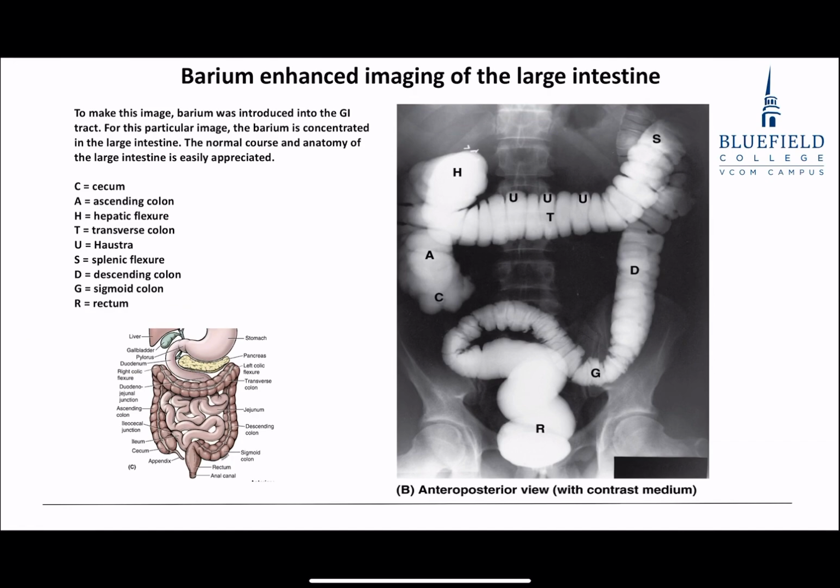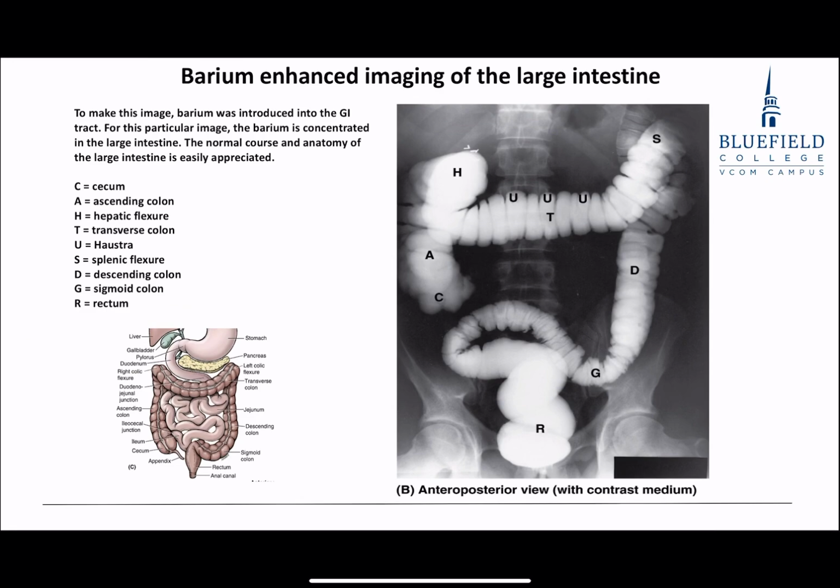This is the left colic flexure, maybe more commonly referred to as the splenic flexure, because the spleen is going to be right over here adjacent to where this turn is taking place. And then from the splenic flexure, you just go down into the descending colon.